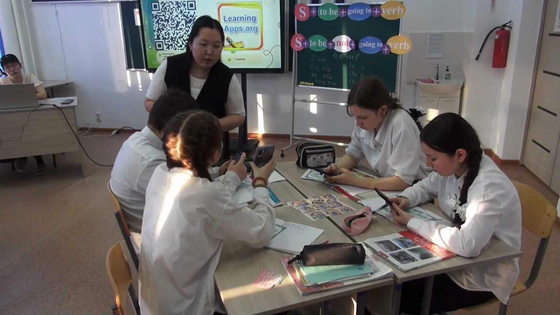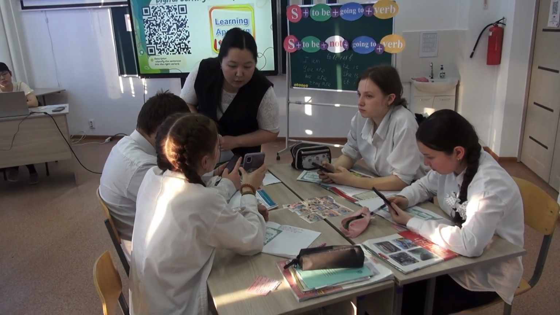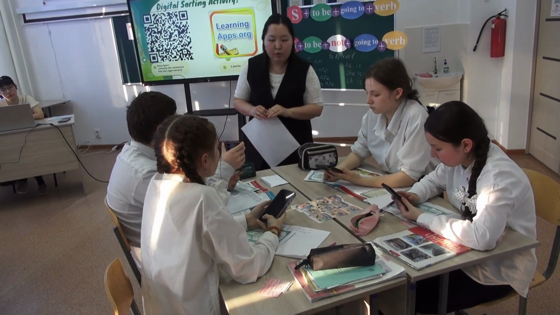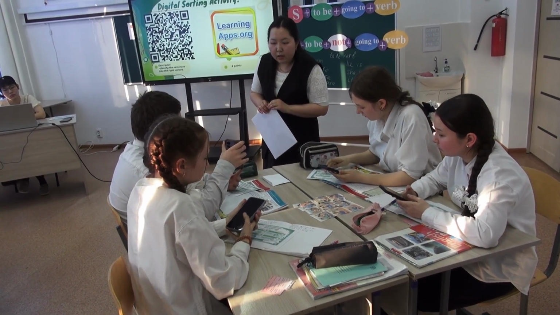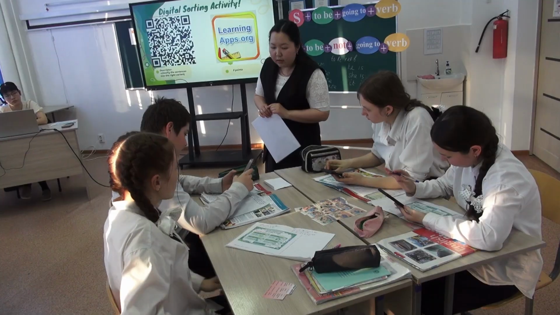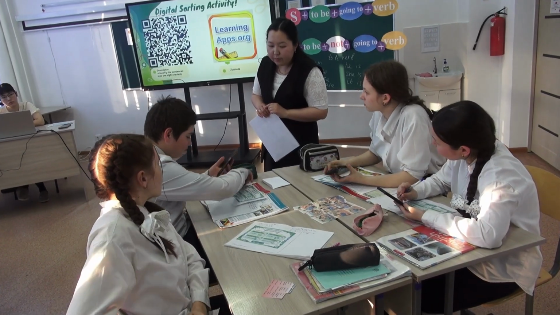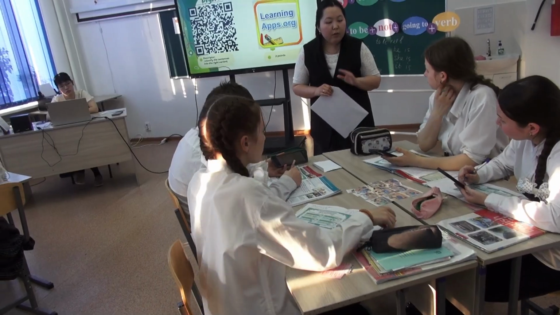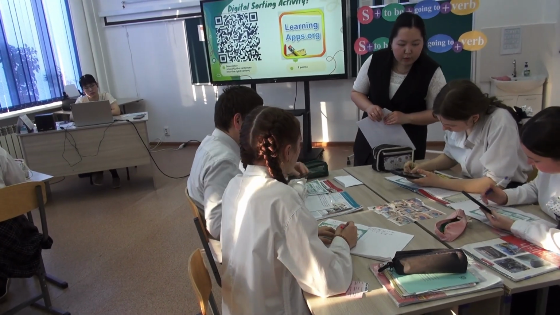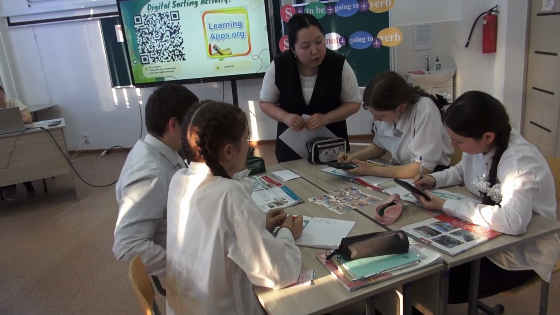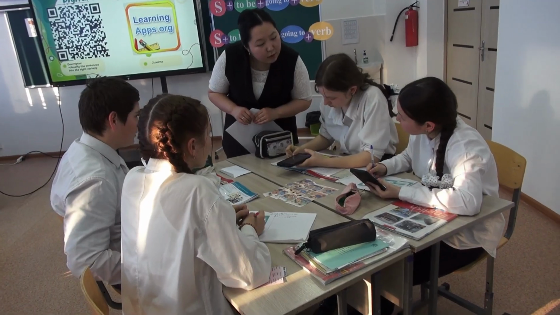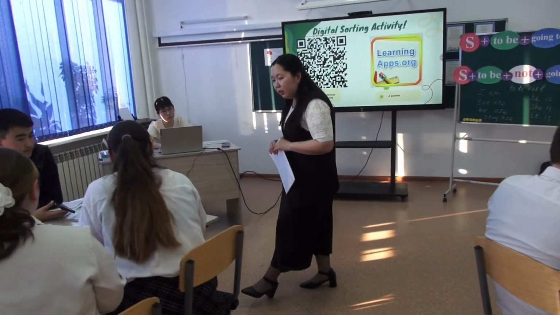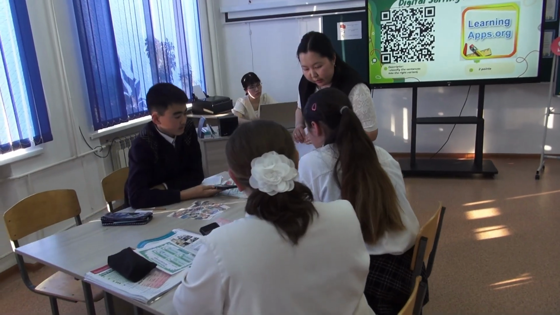You have finished? How many scores? All is correct. Put 2 score in your sheet of paper. 1 is not correct, yes? 1 point. All is correct. Okay, 2 points. So, show me please. All is correct. Okay, 2 points. So, you have finished? All is correct?